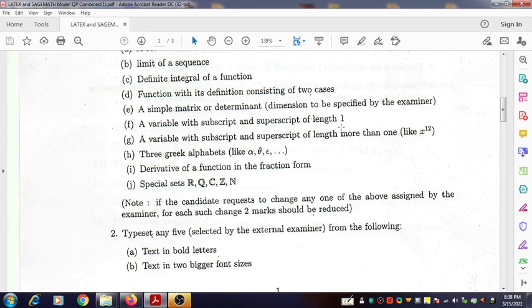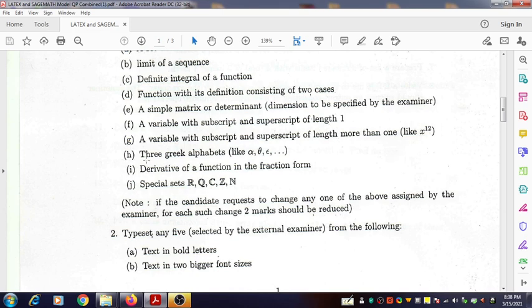Length 1 means, see here you have the superscript 12, that is 1 and 2, so here it has length 2. This is the variable x and x to the power 12. Here you have two letters or two numbers, so this superscript has length 2, and that is the meaning of this term length in this context.